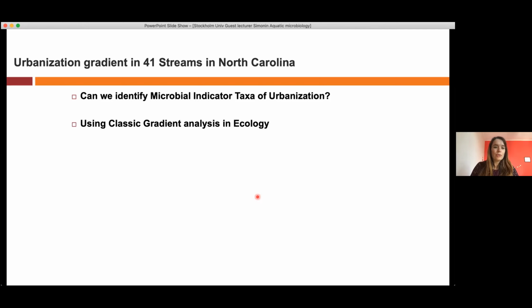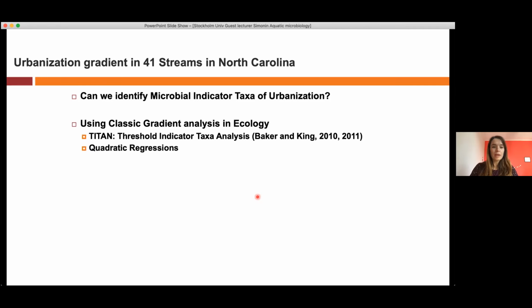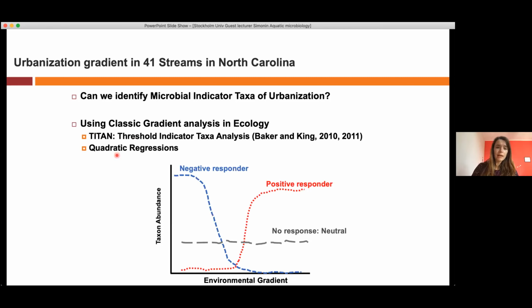Our approach was to use classic gradient analysis in ecology that has been applied to plant communities or insects and so on, to understand the response of organisms to variation in the environment. To do this, we used an R package called Titan. It's a method that is called threshold indicator taxa analysis, but also quadratic regressions. The idea is that you have an environmental gradient here, and you're going to look at how the abundance of the different taxa will vary along this gradient.